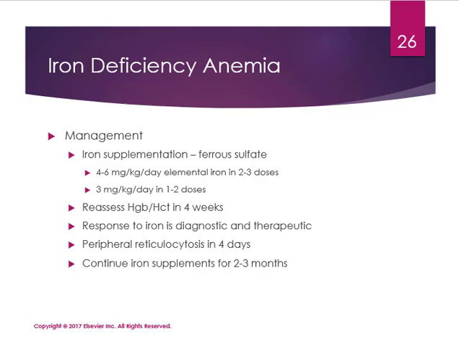Important for kids to reassess hemoglobin and hematocrit in about 4 weeks, and to see what the response is to the iron and see if you're getting to a therapeutic level. You should be able to see improvement in the reticulocyte count after about 4 days if you were checking that, and it's important to continue iron supplements for 2 to 3 months to get levels back to therapeutic ranges.